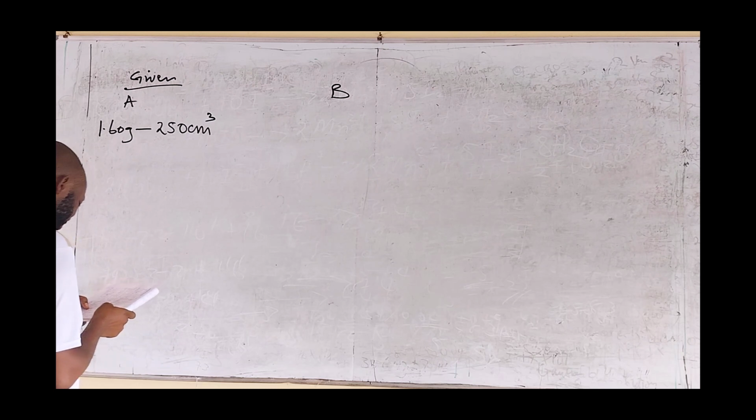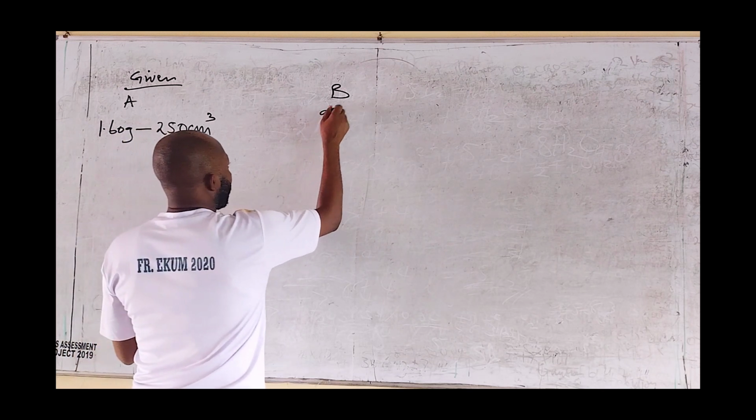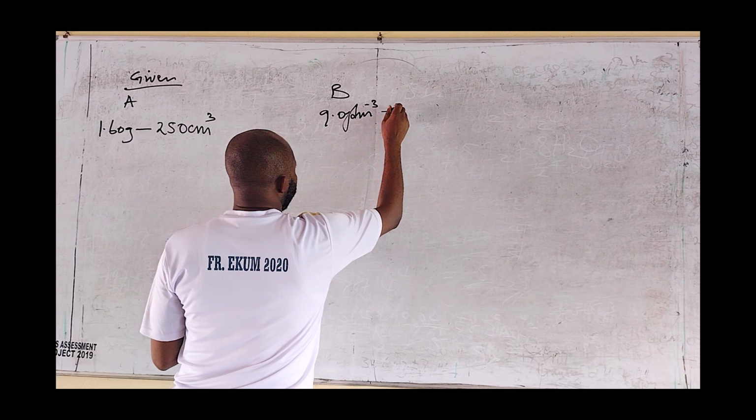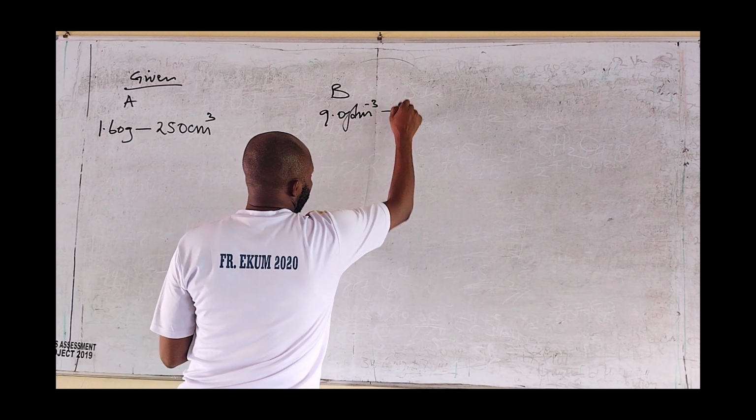We'll get there. B contains 9.0 g/dm³, which is the mass concentration.